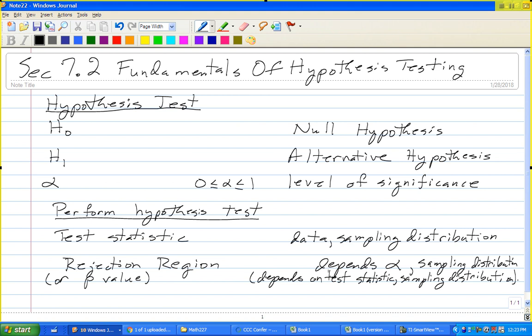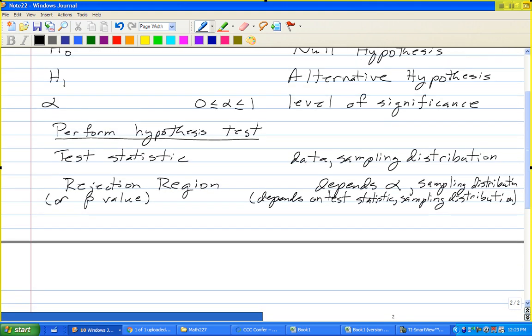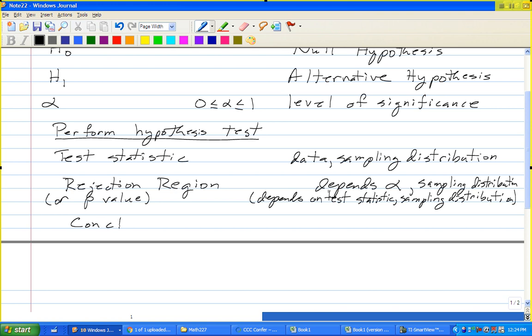You can either look at the rejection region or a p-value. We'll mostly do the rejection region. Once you have performed this, you will then draw a conclusion.